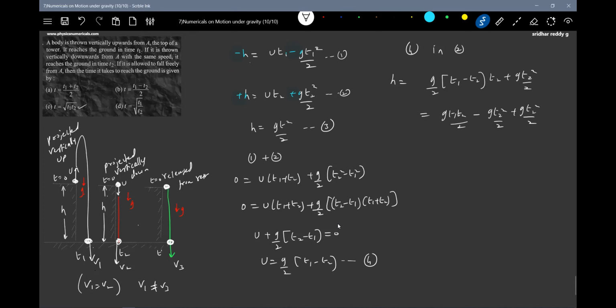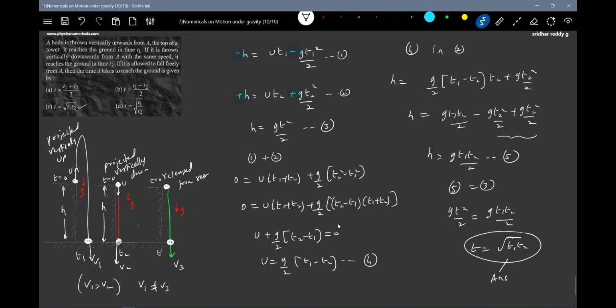These two will cancel out. h equals g t1 t2 by 2. Okay, this let me call equation 5. Then equating 5 and 3, t equals root of t1 t2. This will be your answer.